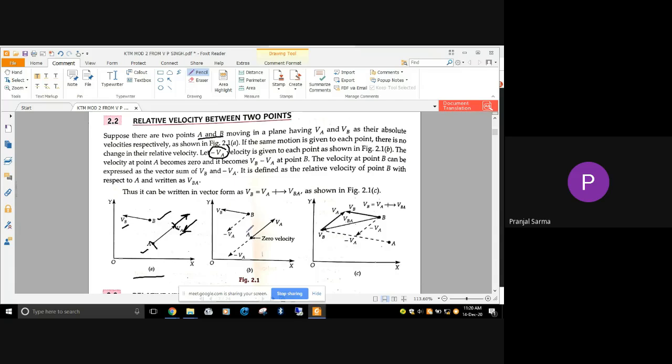Because we are giving minus Pa to point A also, the velocity at point A will become 0, and in case of point B, it will become Pb minus Pa.